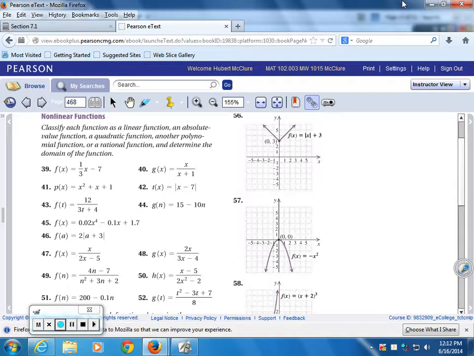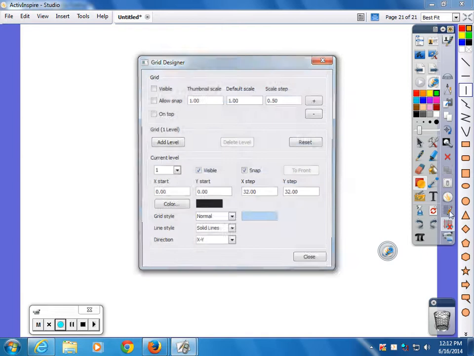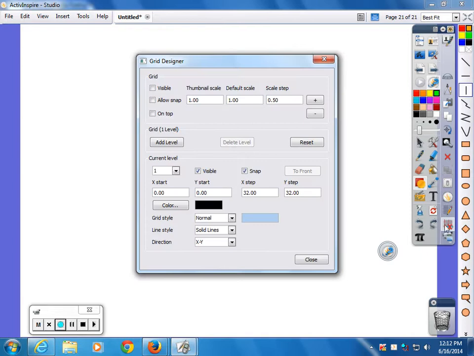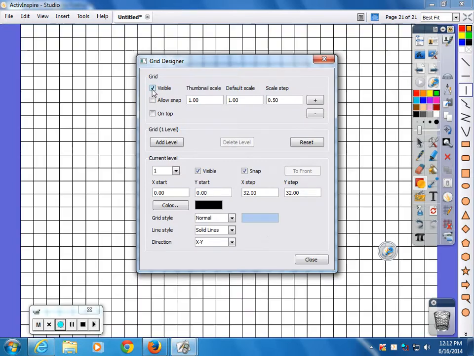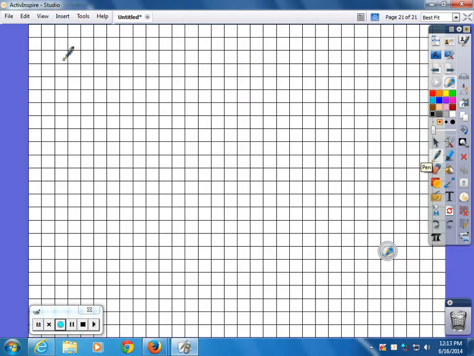So, let me take my handy dandy whiteboard. 1/3 x minus 7. y is equal to 1/3 x minus 7.